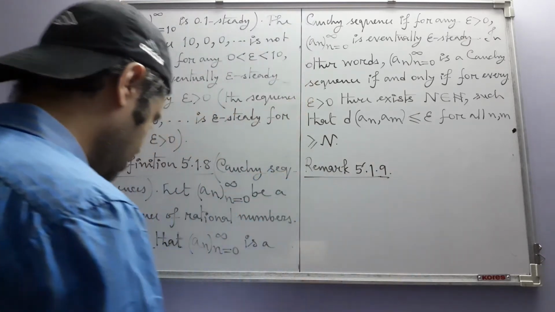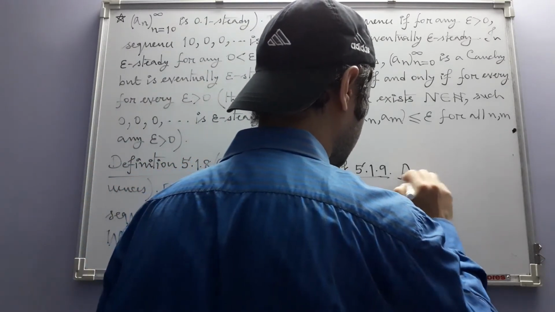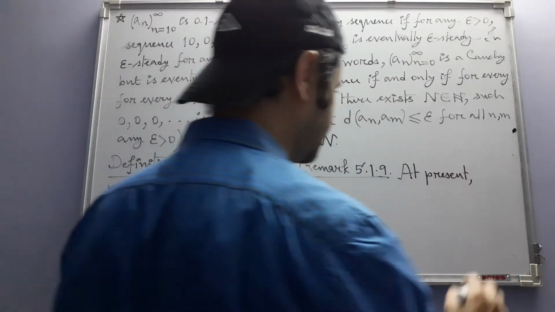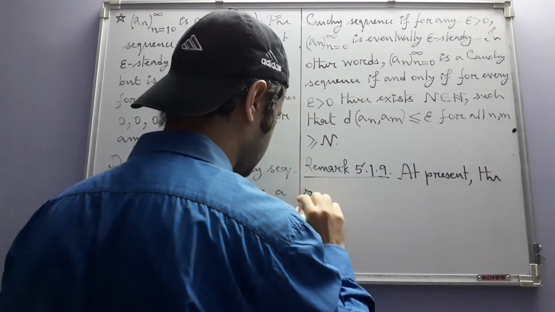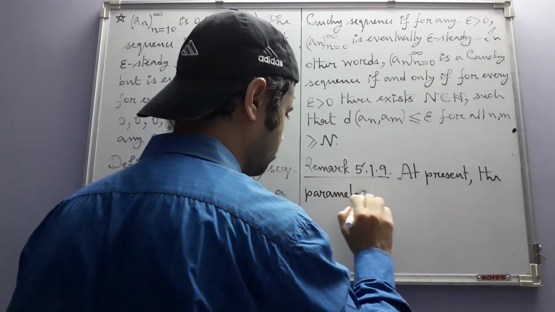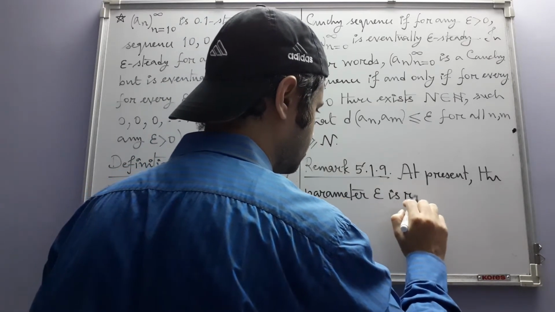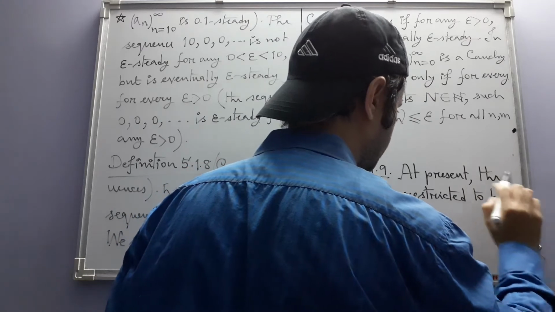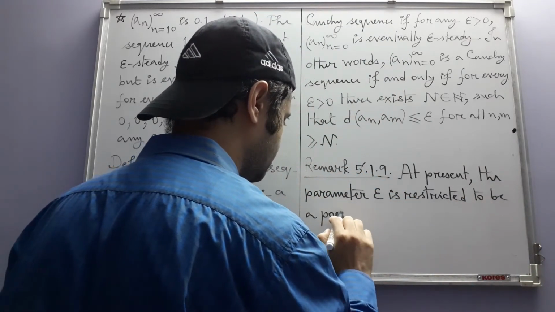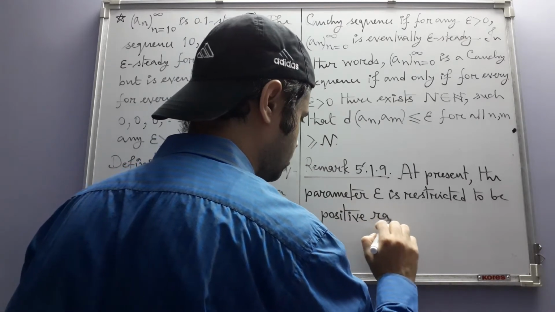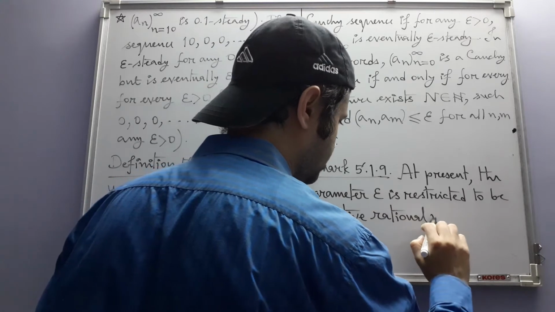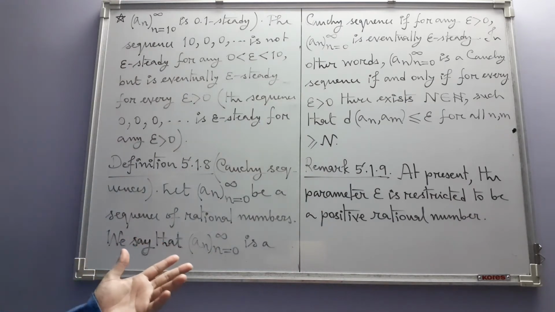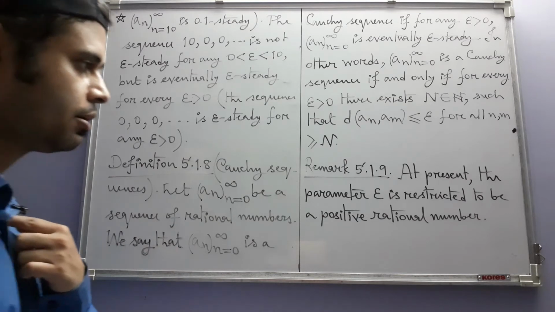Let's first write the thing down and then we will try to understand it. At present, the parameter epsilon is restricted to be a positive rational number. Yes, because we are considering epsilon to be a positive rational number.